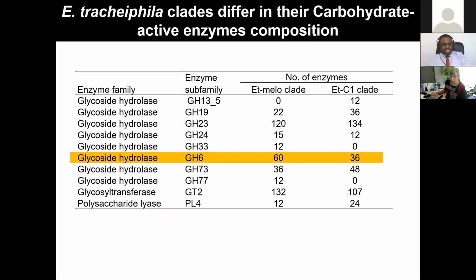This has been well studied. We found an overrepresentation of the GH6 subfamily of the glycoside hydrolases among the melon strains. So what we had to do was zoom in a little bit on GH6 to see if we could find something interesting that shows differences between the two clades.